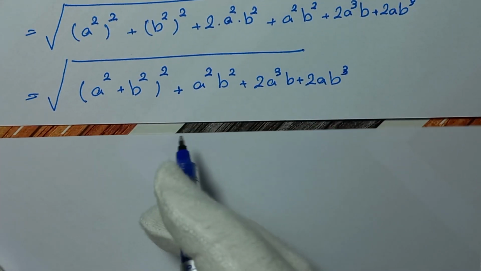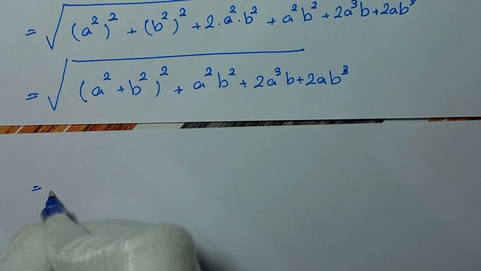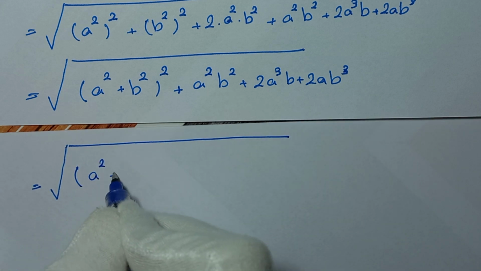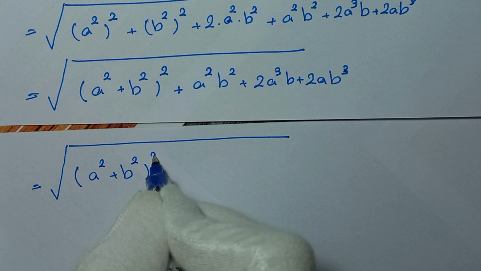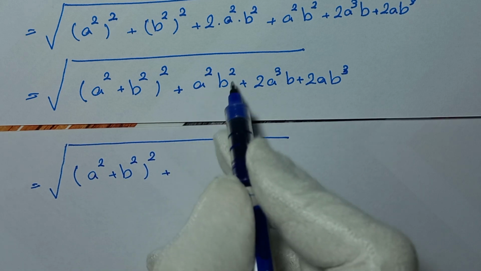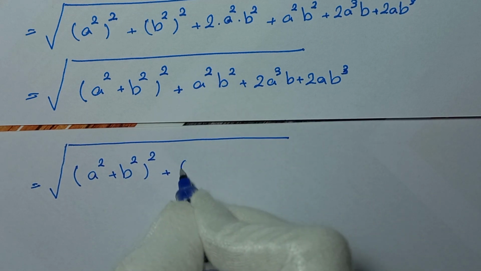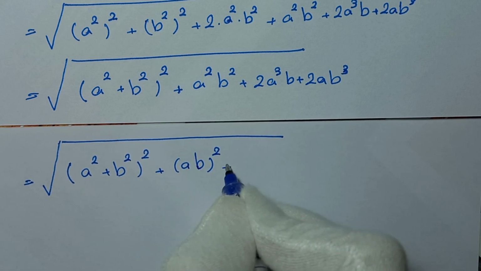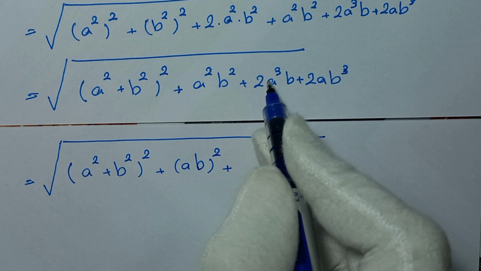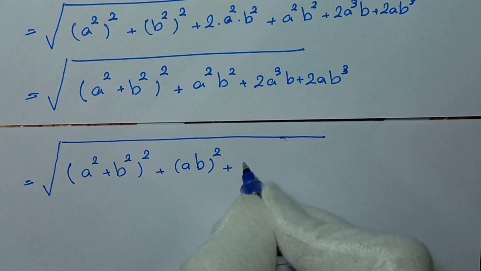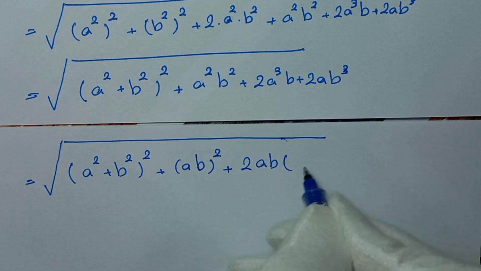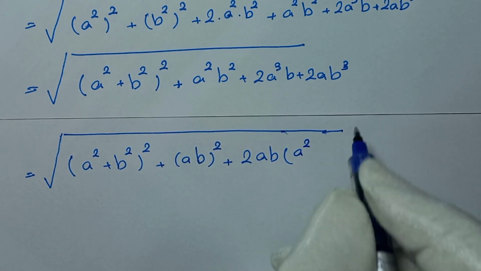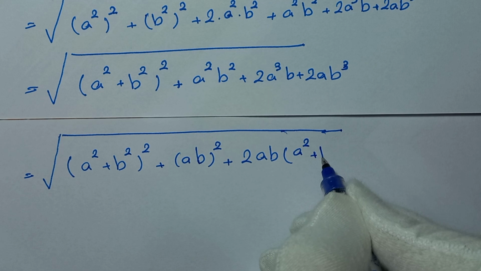And it will be the square root of (a square plus b square) to the power of 2, and plus here we have a square b square, and this can be written as (a times b) to the power of 2, right? And plus, from these two parts we factor 2ab, and this divided by 2ab will be a square, and this divided by 2ab will be b square, right?